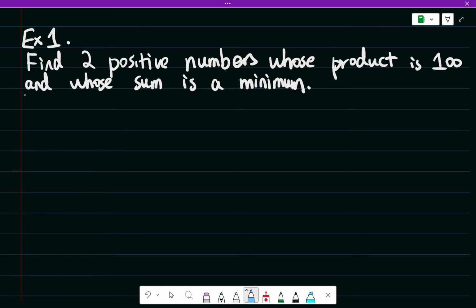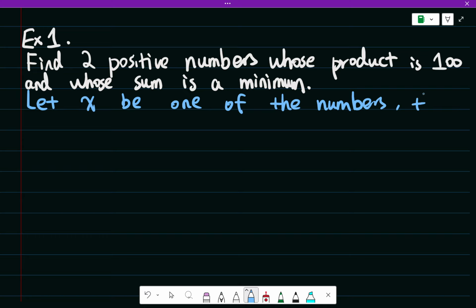So we can say, let x be one of the numbers. And since the product of the 2 numbers is 100, then the other number must be 100 divided by x, which is 100 over x.